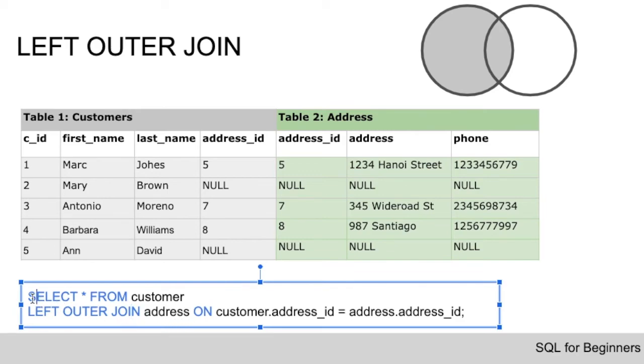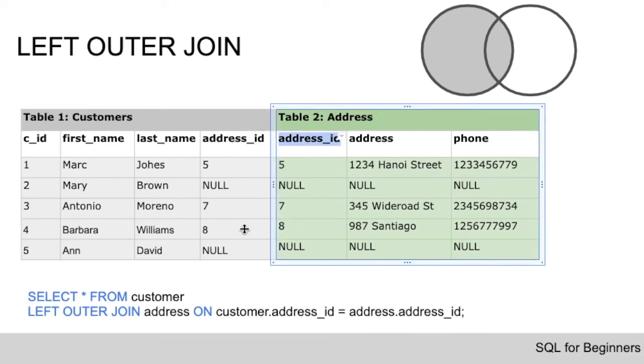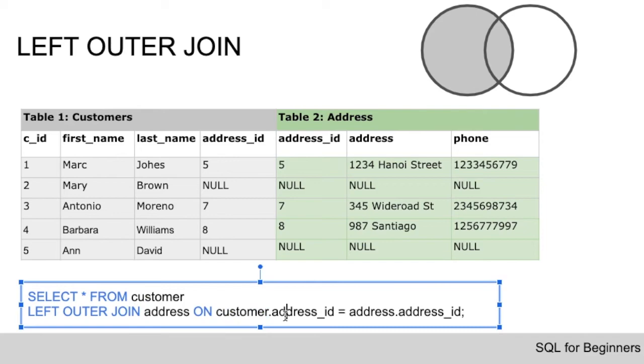We used star, which means that we are selecting all the columns, and we are joining using the left outer join, and we are using the address ID column in order to join.